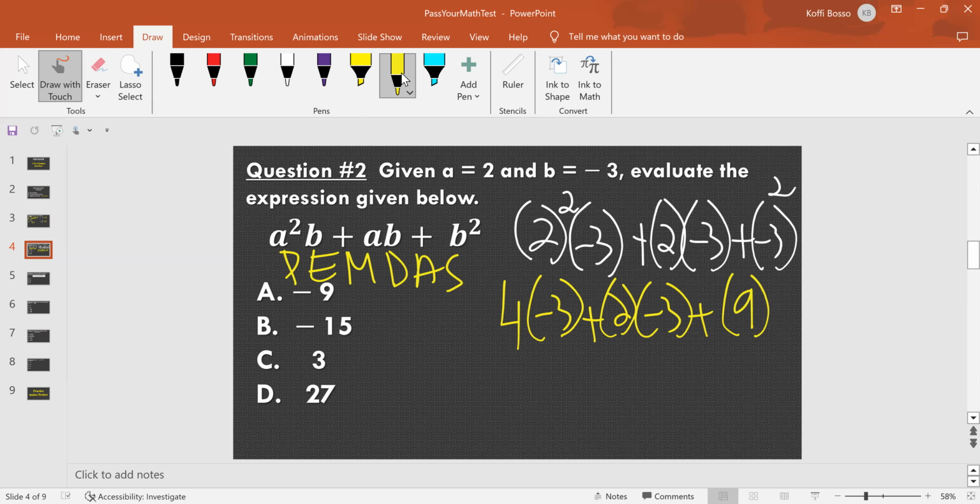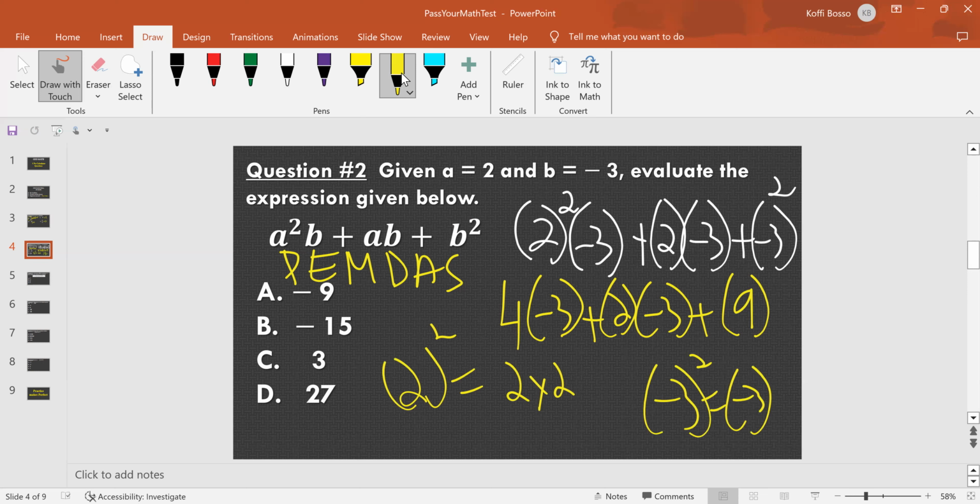Understand that 2 to the second power is 2 multiplied by 2, and -3 to the second power is -3 multiplied by another -3. The reason we have a positive 9.